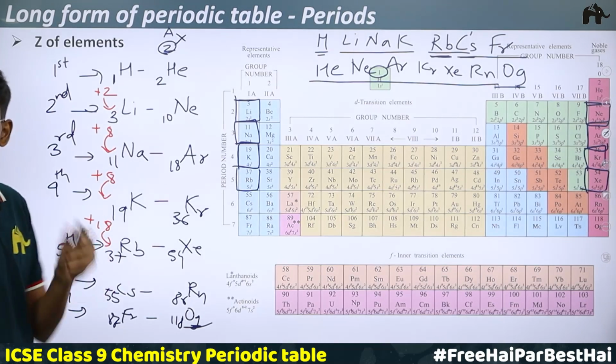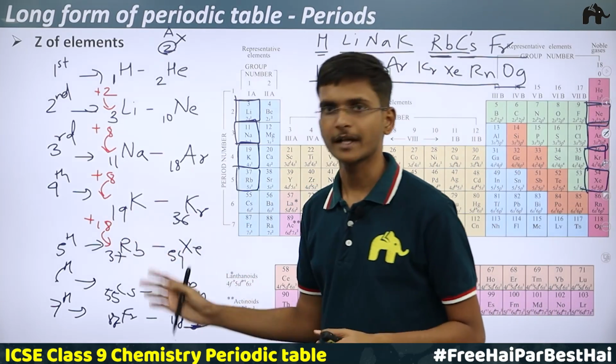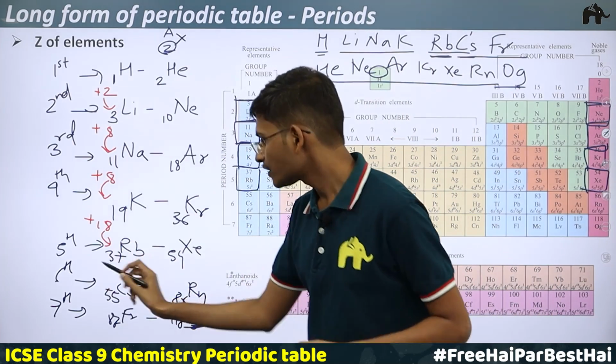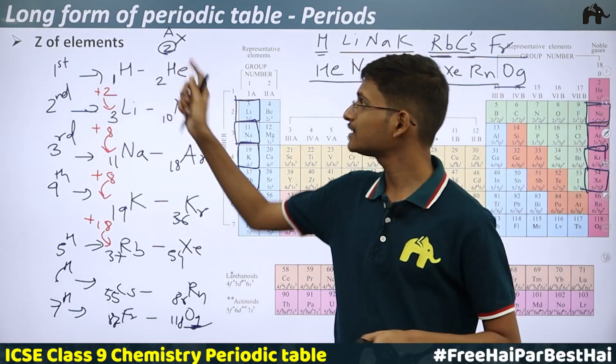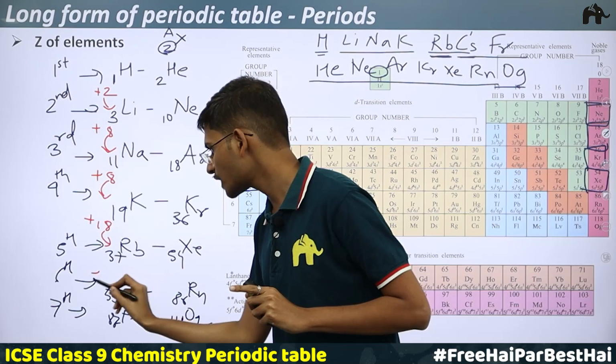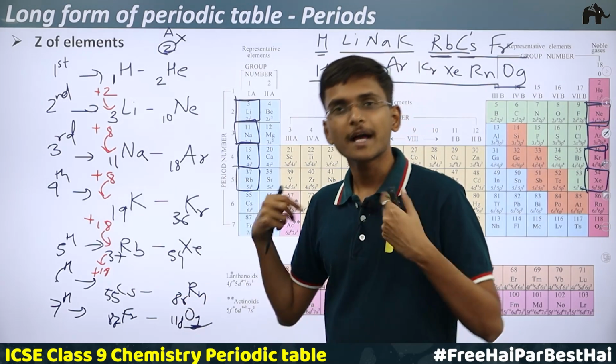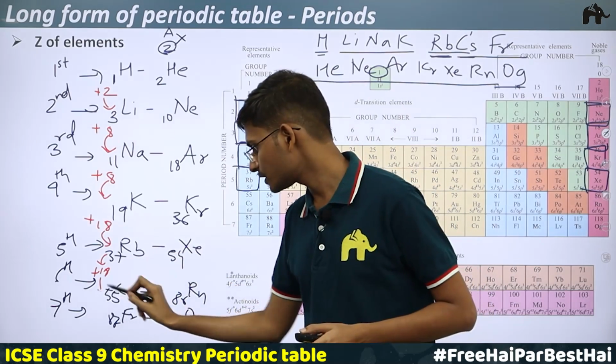If your math is strong, you can quickly calculate: 19 twos are 38, minus 1, 37. And again, I know the fifth period also has 18 elements. That's the reason I already discussed with you the number of elements in a particular period. So just add 37 plus 18, and you would get 55.